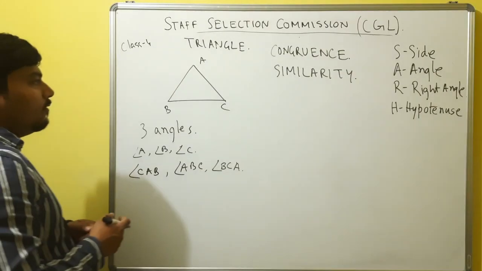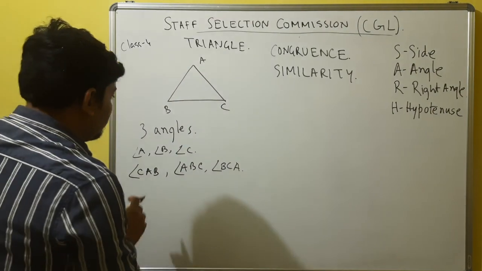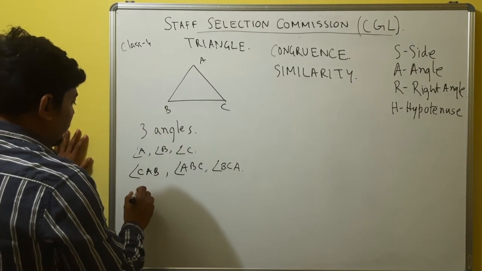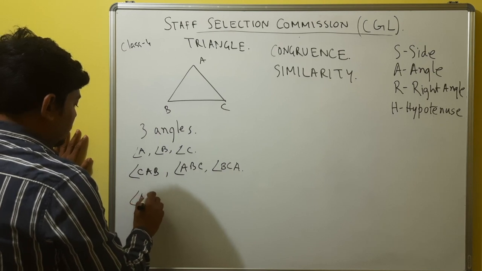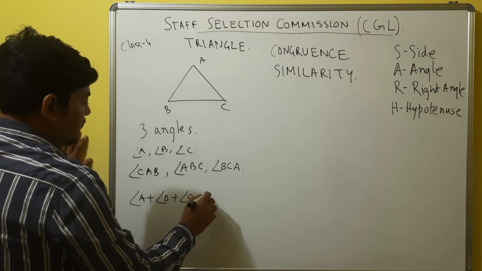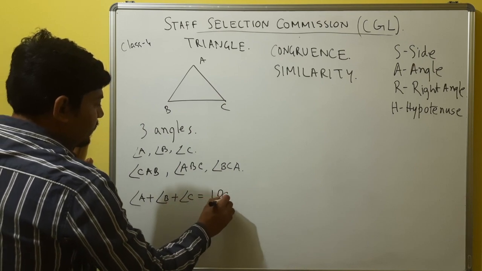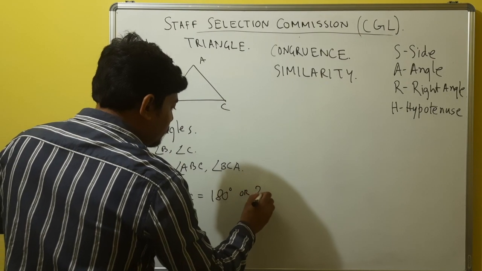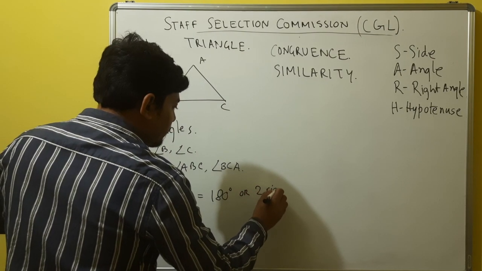Now another important point that can also be proved, though we are not going to prove it right away: the sum of the angles of a triangle is 180 degrees, or two right angles.